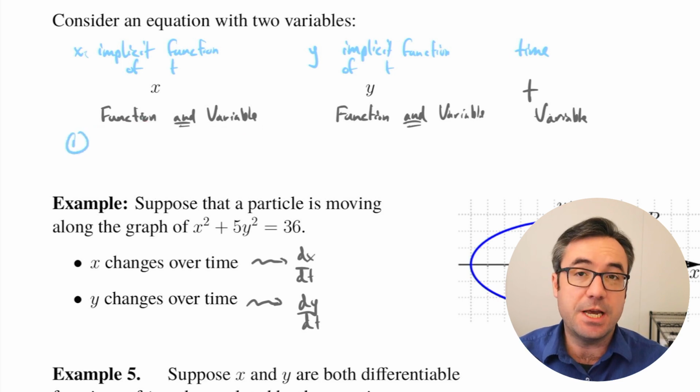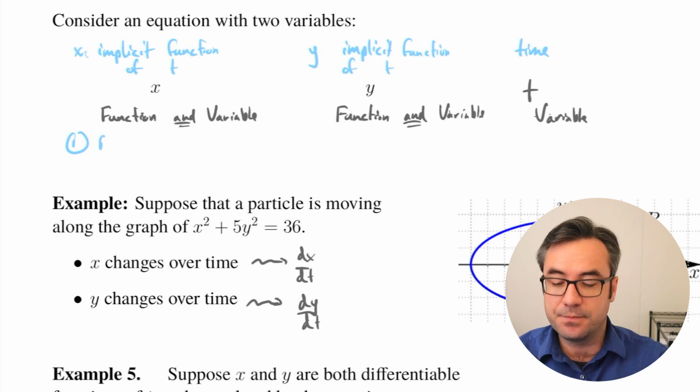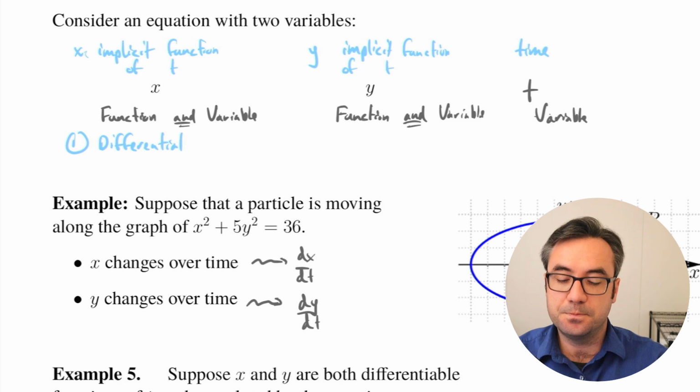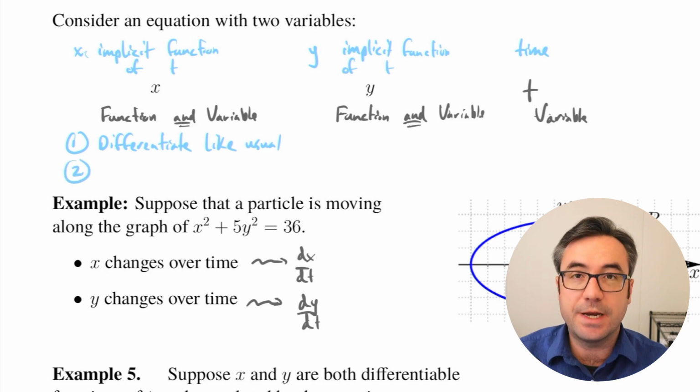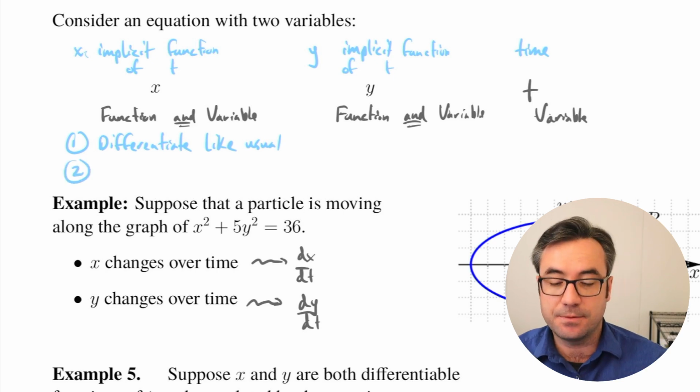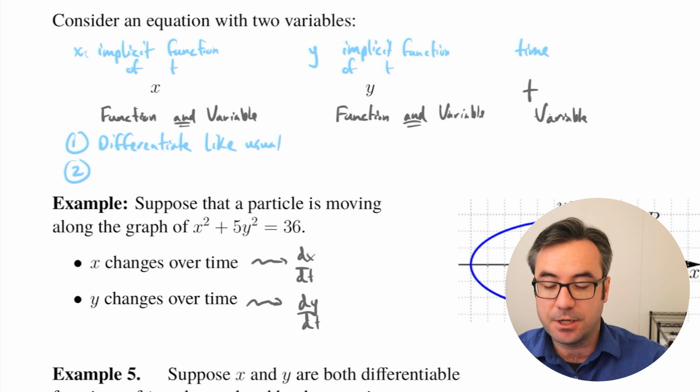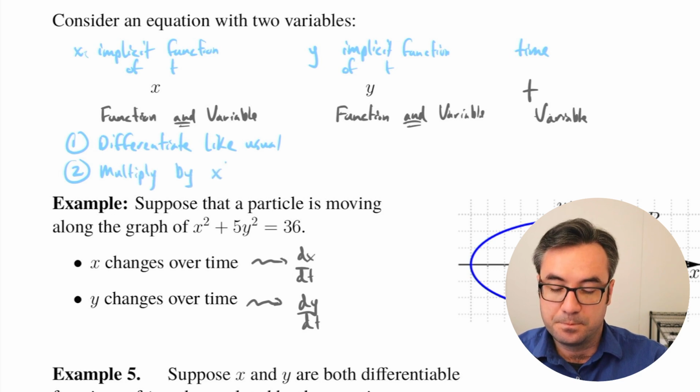We're going to differentiate it just like we normally would. That's the variable part. And then because we're treating x also as a function, we're going to multiply the result by x prime, or if you want, you could just use dx dt.